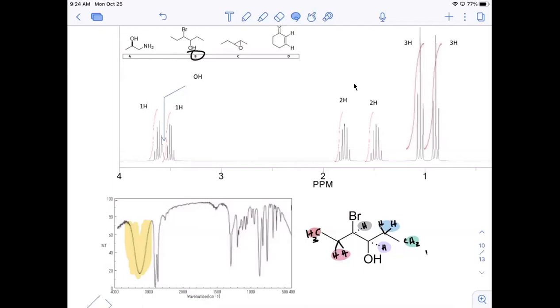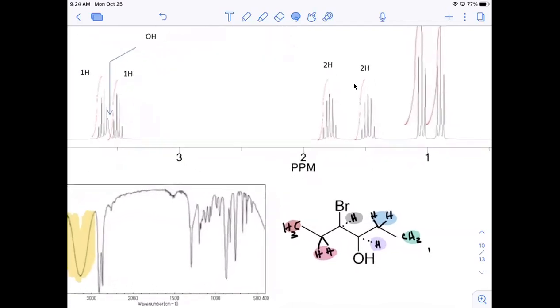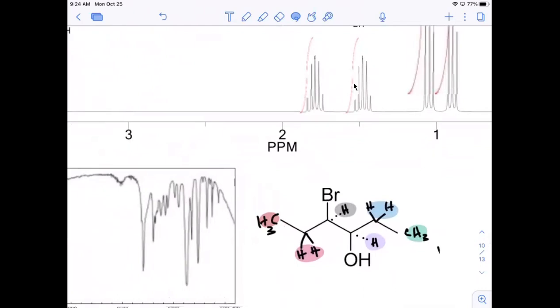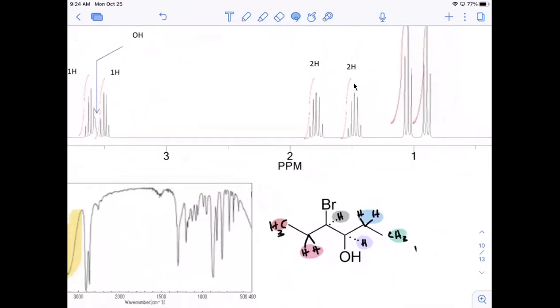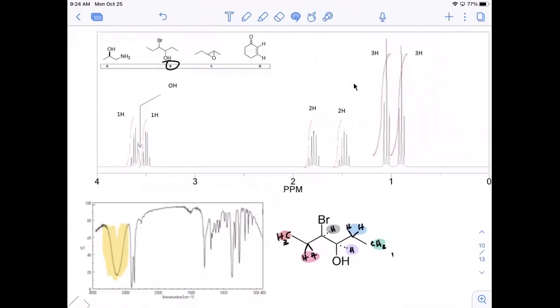You can also probably look at the coupling constants, which we don't have. If we had the chemical shift, then we could figure out what the J coupling is between the lines in the signal.